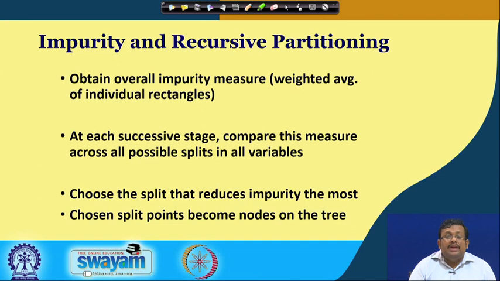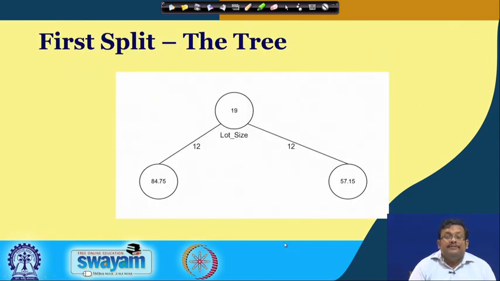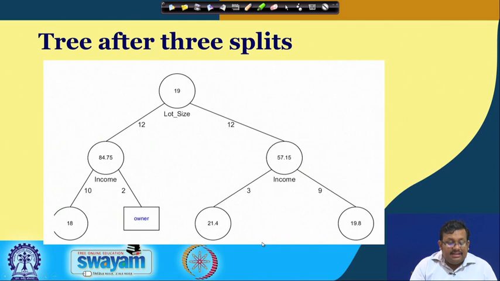We choose the split that reduces the impurity the most, and the split points become nodes of the tree. In the first split, we select lot size, and the tree after three splits looks like this.